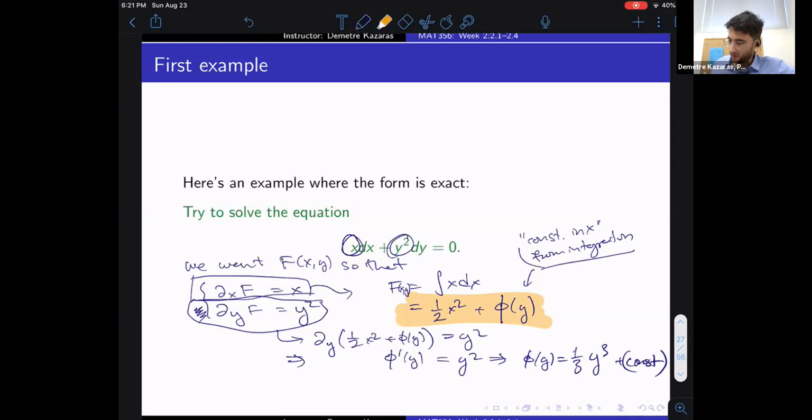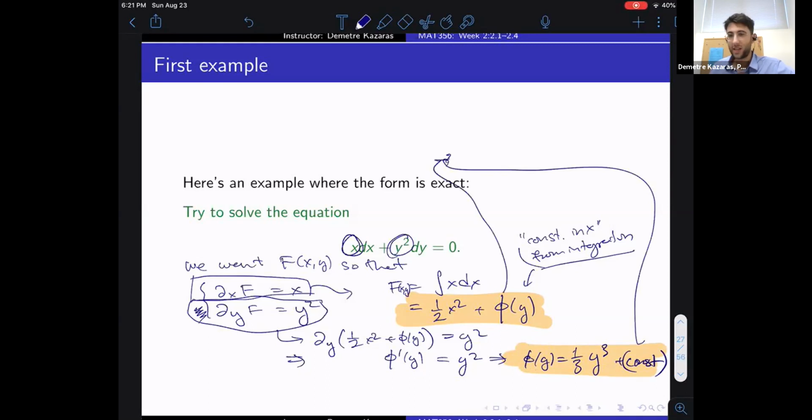Anyways, we have done what we set out to do. We have together found a formula for capital F. So capital F of x, y is equal to, okay, as you got that 1/2 x squared, and then plus c.